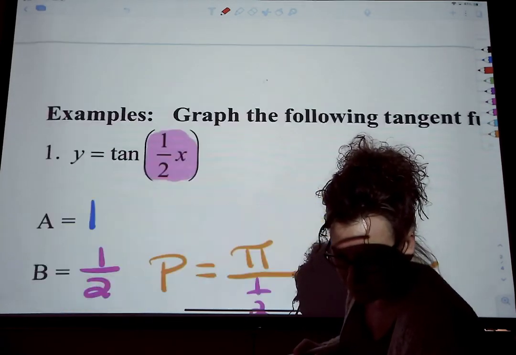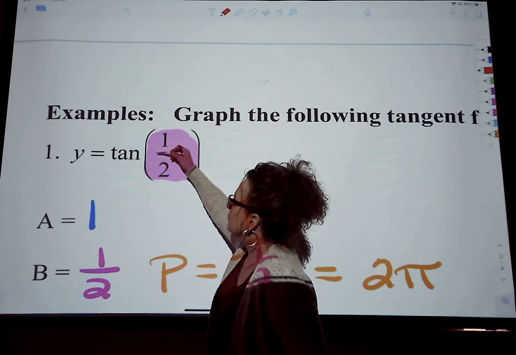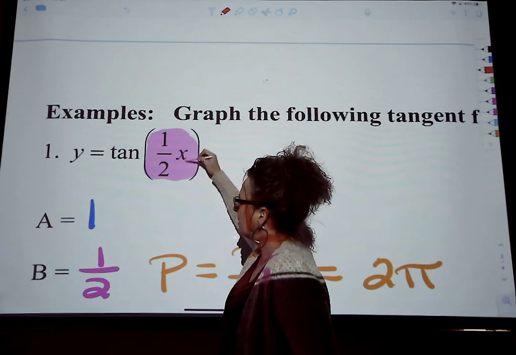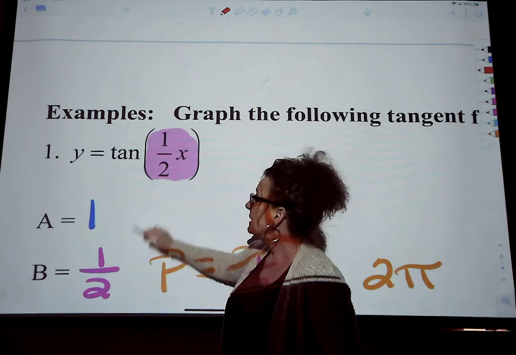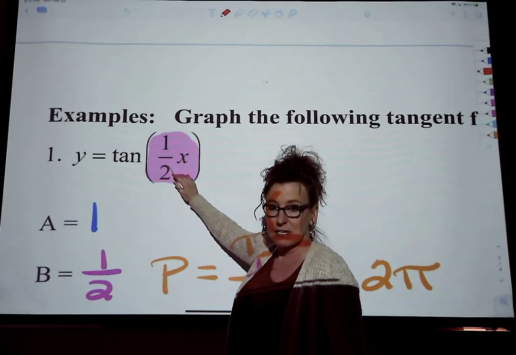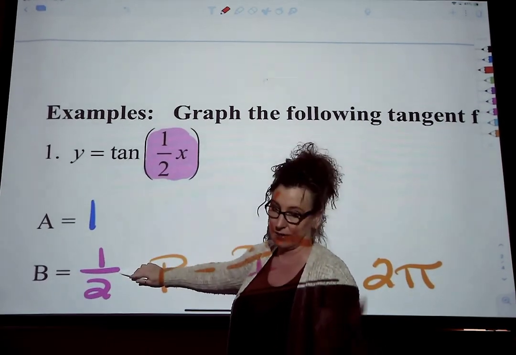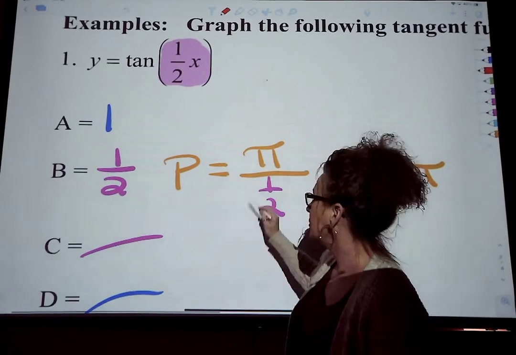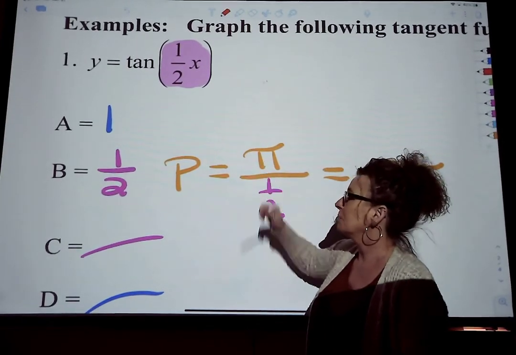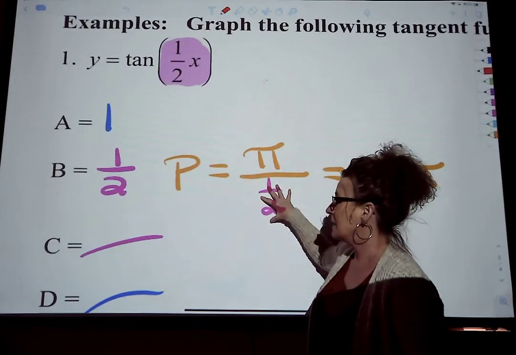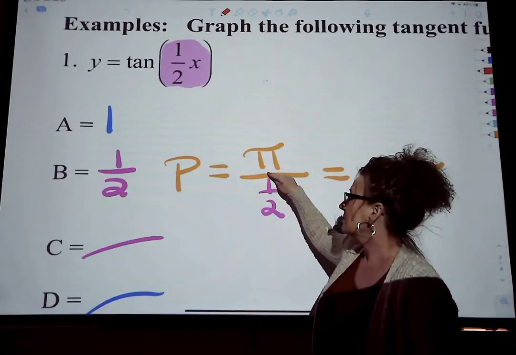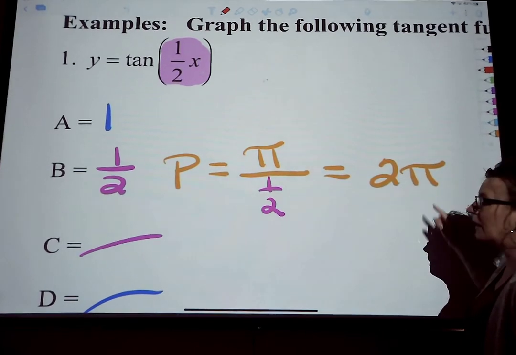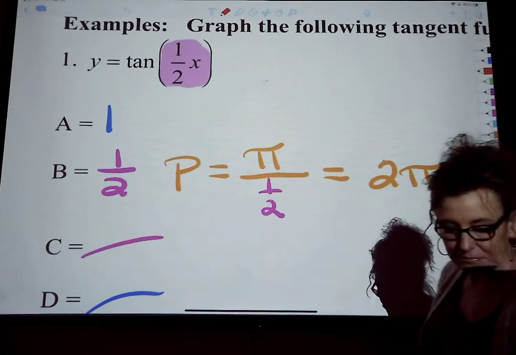So for the first one, the only transformation going on is inside here, so I colored it all pink. Amplitude is still 1. B is the number in front of x. That was easy. Now what do you do with it? Well, you put it in your new little tangent formula, pi divided by b, and 1 pi divided by a half is 2 pi.